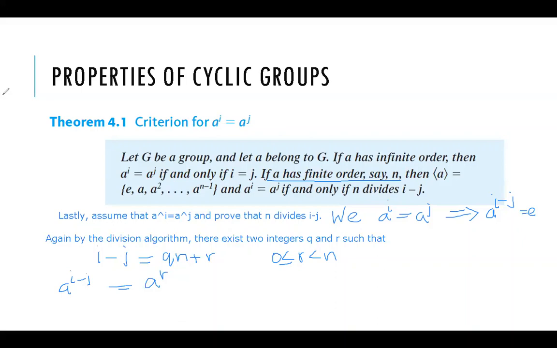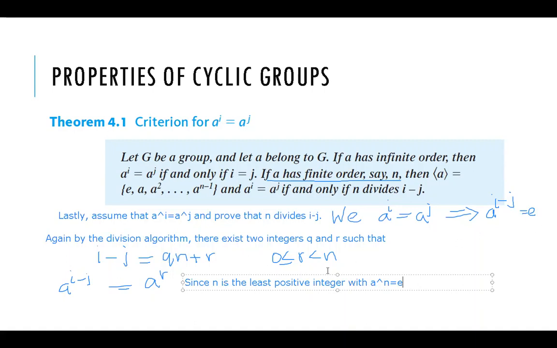Now, since n is the least positive integer such that a^n equals e, and since r is less than n and greater than or equal to 0, of course r cannot be less than n with a^r equal to a^(i-j) equal to identity.